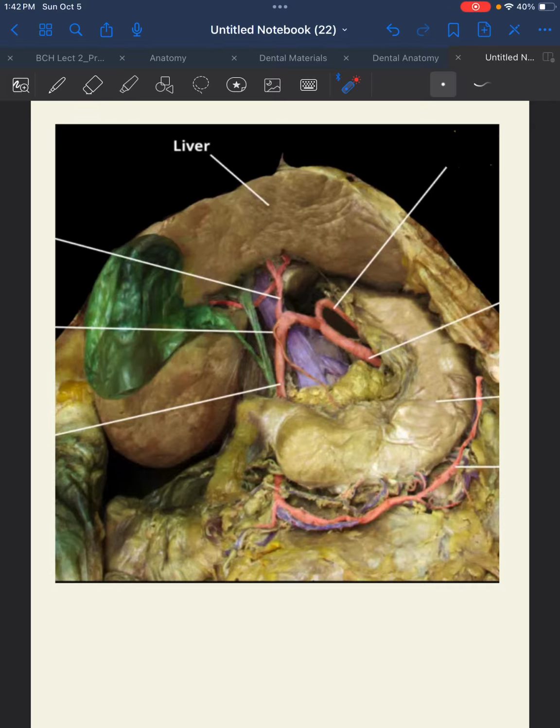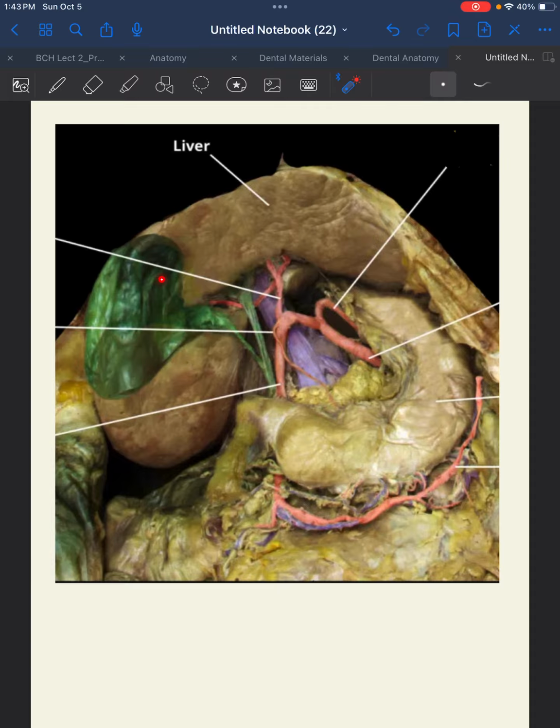And then here, if you keep following the gastroduodenal artery, you'll see the right gastroepiploic artery. And if you could see the splenic artery, it's behind the stomach and a bunch of other tissue. It would go into the left gastroepiploic artery, which is right here.